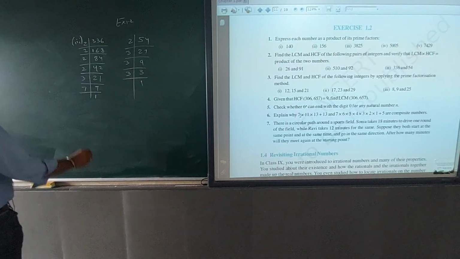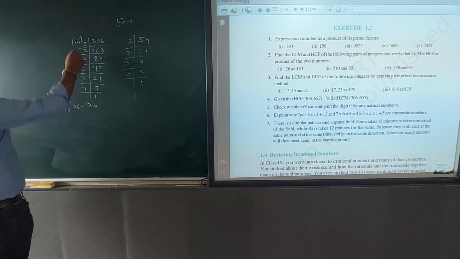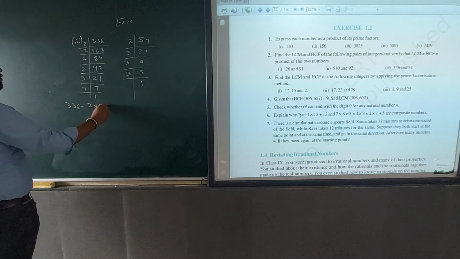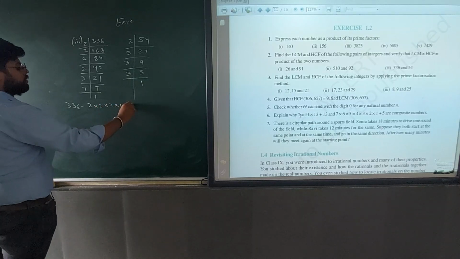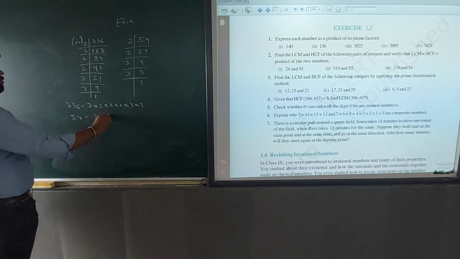These are the factors. Now 336 factors are 2 into 2 into 2 into 2 into 3 into 7, and 54 is 2 into 3 into 3 into 3.